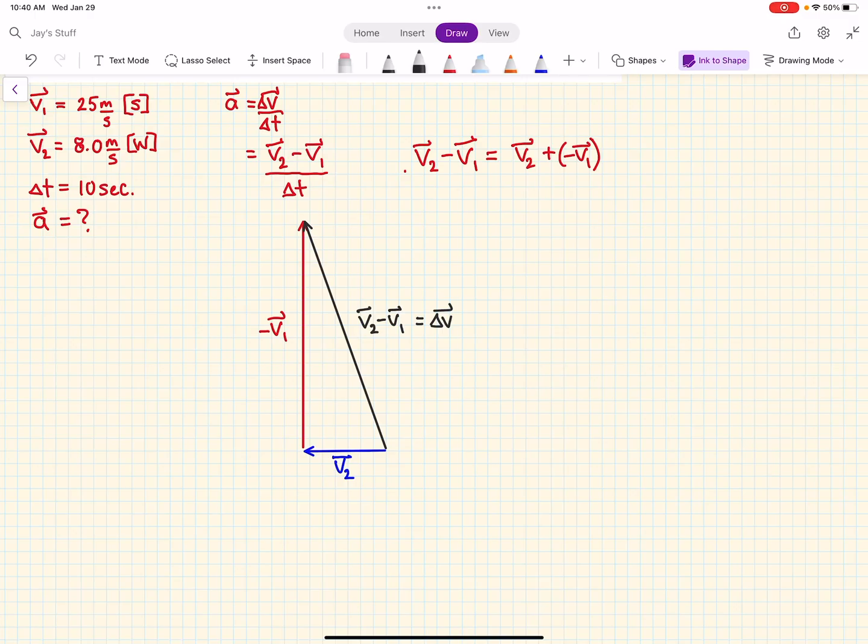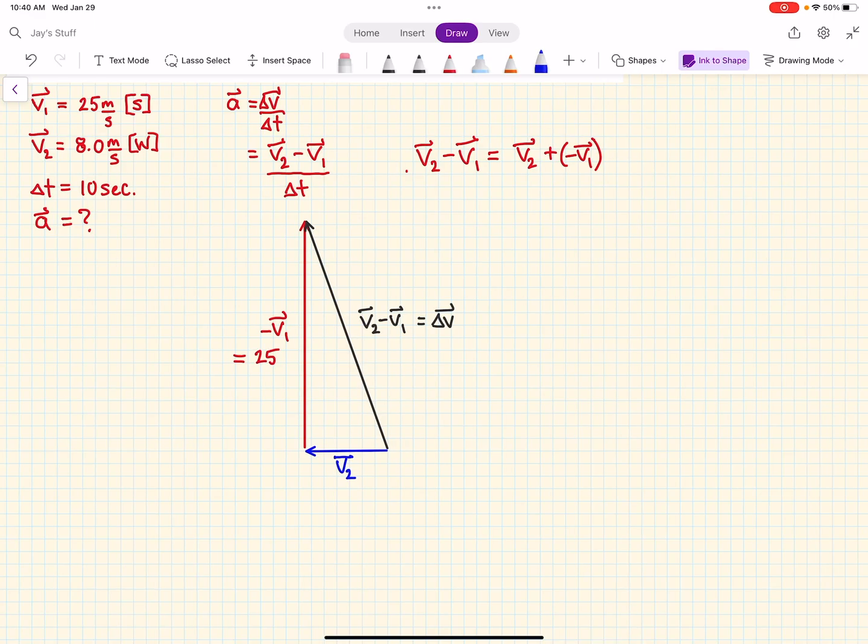So we can calculate the length of that black vector just by doing Pythagorean theorem. We already know that the magnitude of this one is 25, and the magnitude of this one is 8.